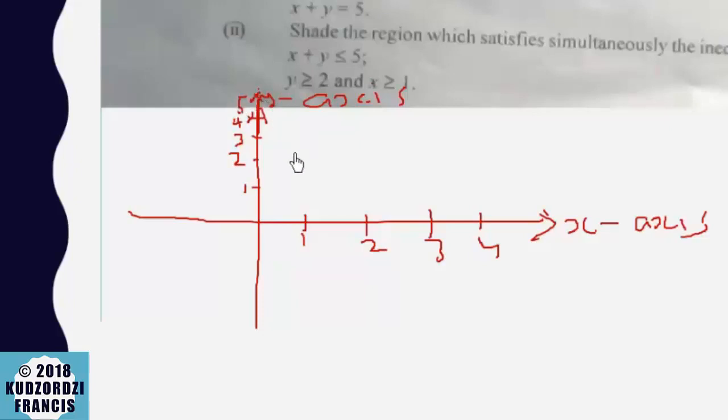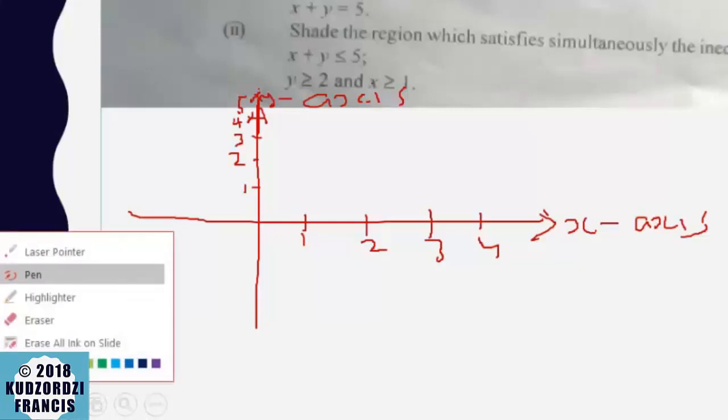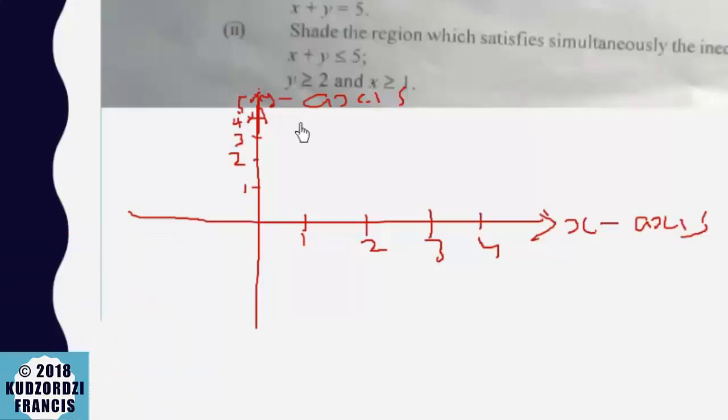So now you are supposed to do this on the actual graph sheet. We will do that after this. So let me draw this. So we have x equal 1 over here. Oh no, that's not passed through it. Let me redraw it.